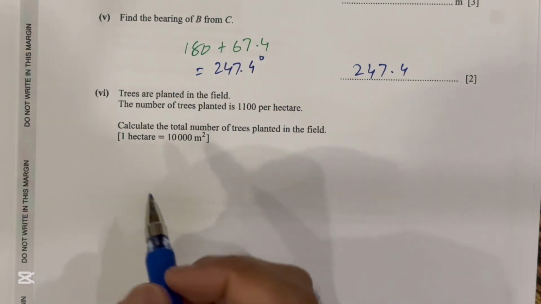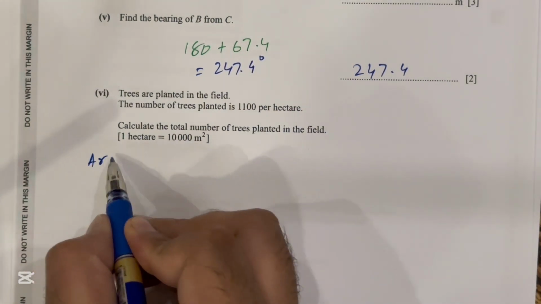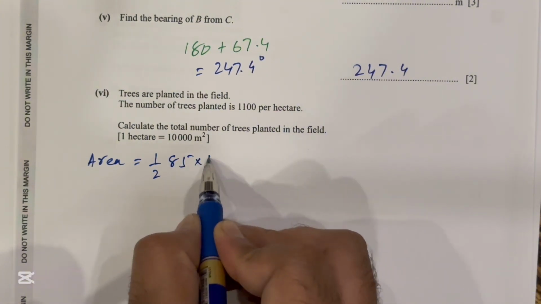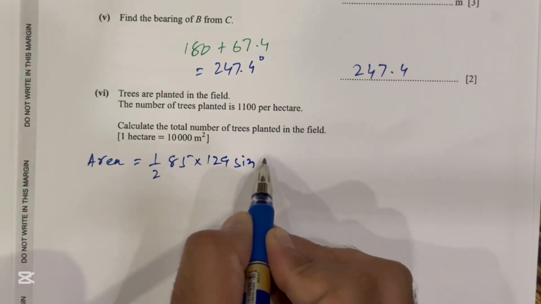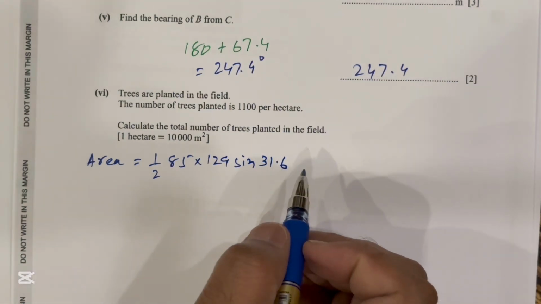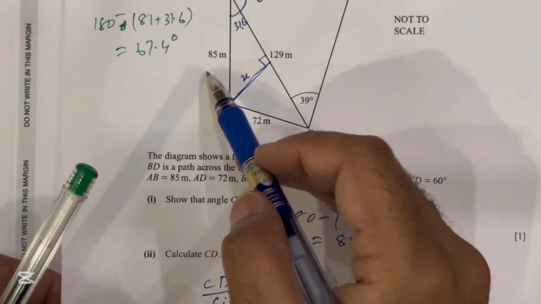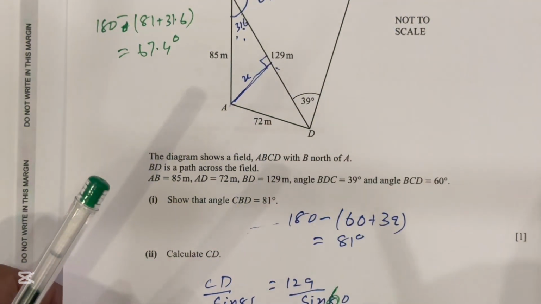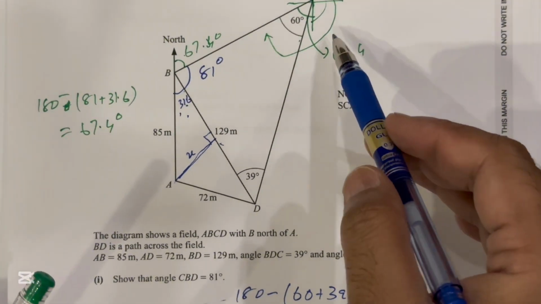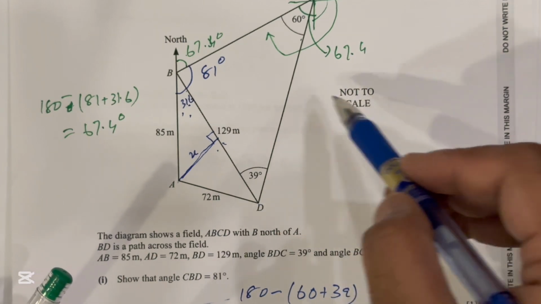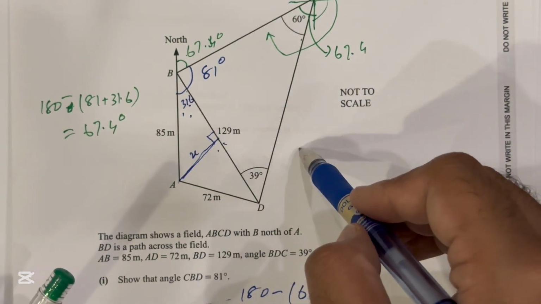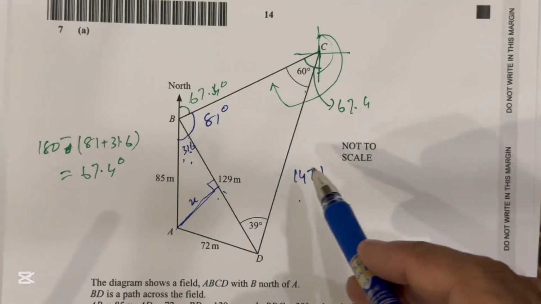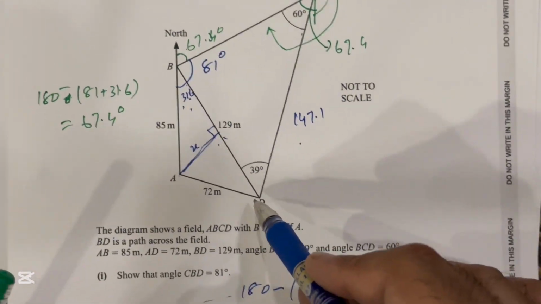Okay, so area is equal to 1 over 2 into 85 into 129 and sine 31.6. How I have done, 1 over 2 and 85, and this length was given 129, and in between the angle was sine 31.6. And for the next part I will use 1 over 2, 129 and CD we calculated, that was 147.1 in this part, and we're gonna take the angle that is 39.